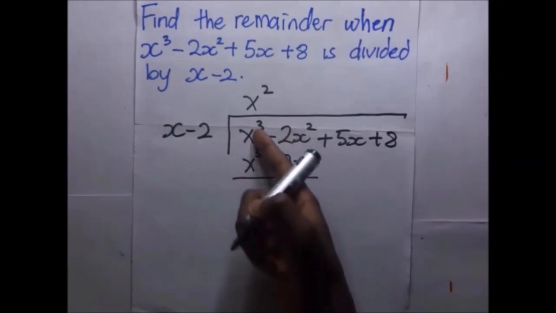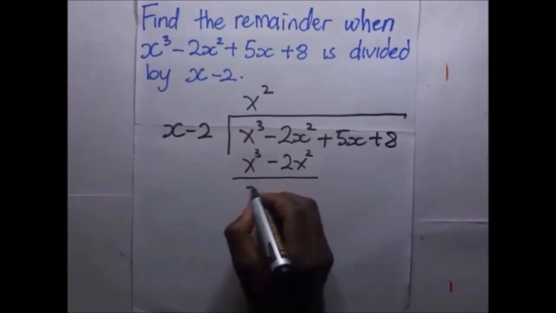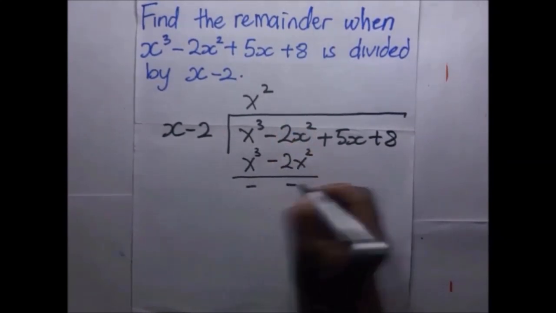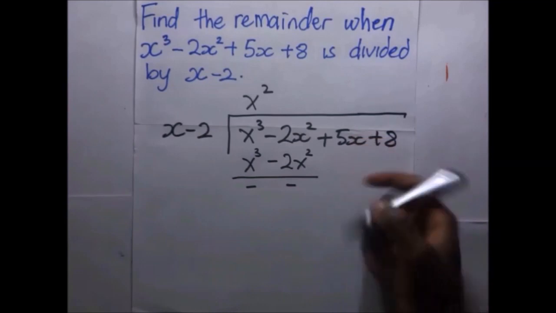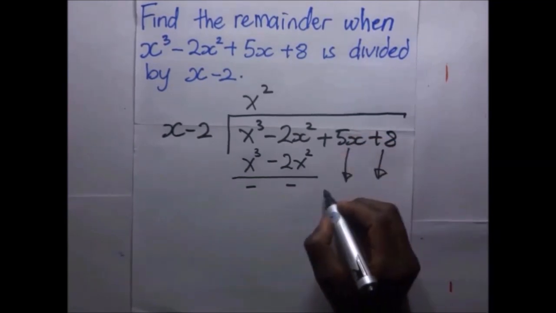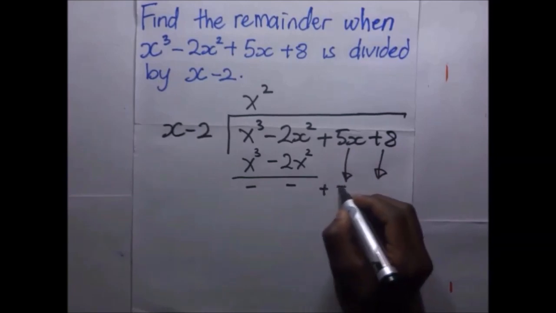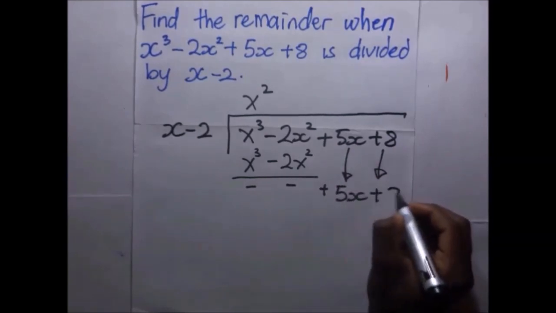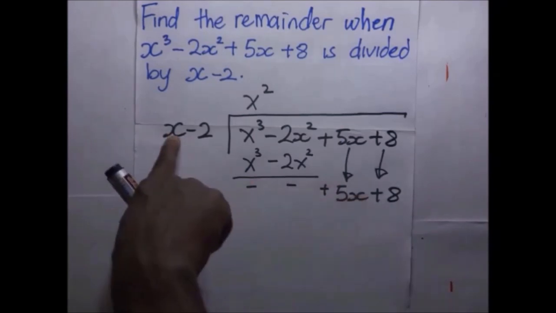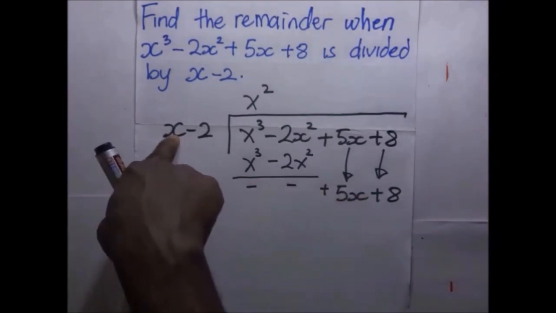When we subtract that from that, x cubed minus x cubed gives us nothing. Minus 2x squared minus negative 2x squared will give us nothing. So we bring these two down. What we are remaining with here is plus 5x plus 8. We continue. 5x divided by x will give us positive 5.